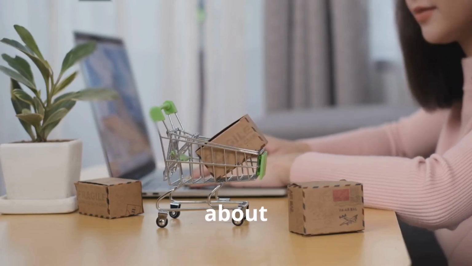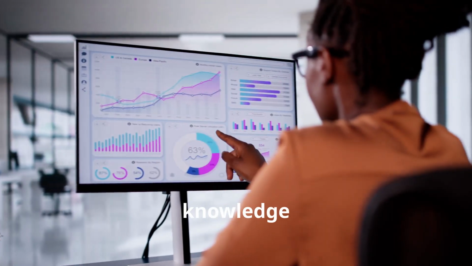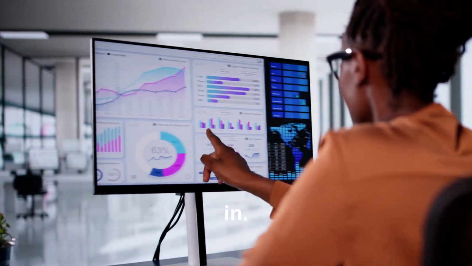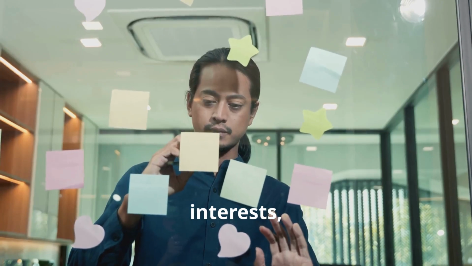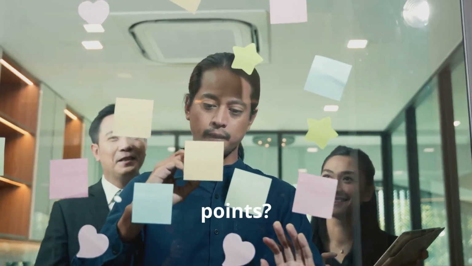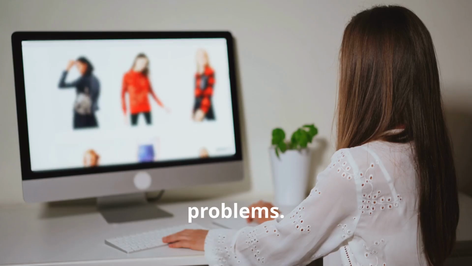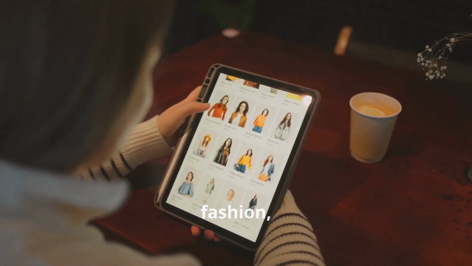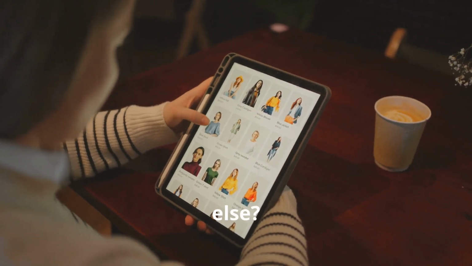Now, let's talk about choosing profitable affiliate products. This is where your knowledge of your target audience comes in. Who are you trying to reach on Pinterest? What are their interests, needs, and pain points? Think about the types of products that would resonate with them and solve their problems. Are they interested in fashion, home decor, tech gadgets, or something else?